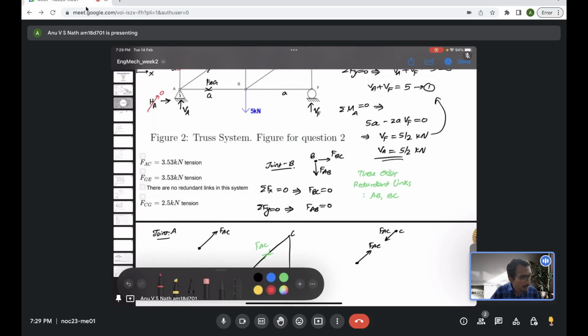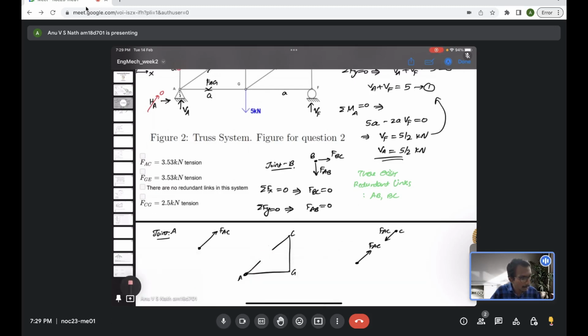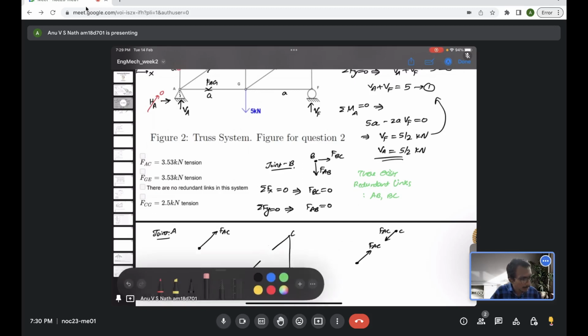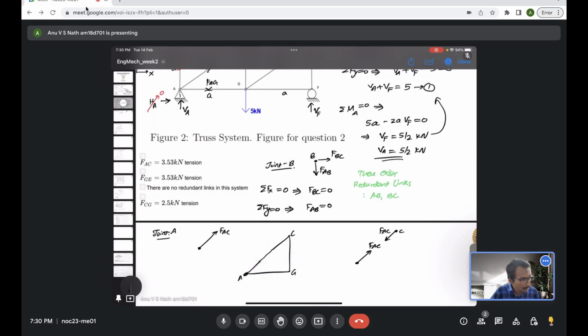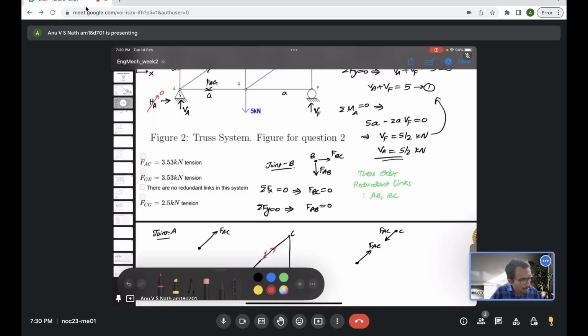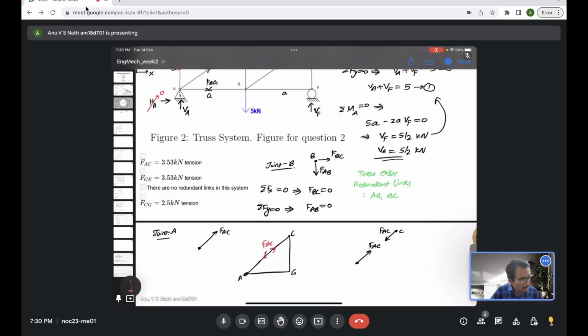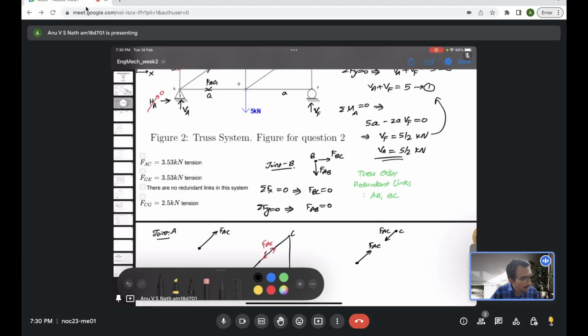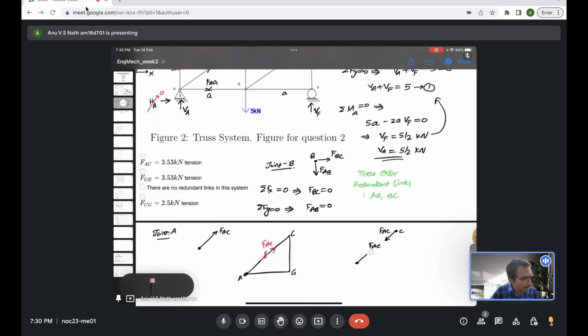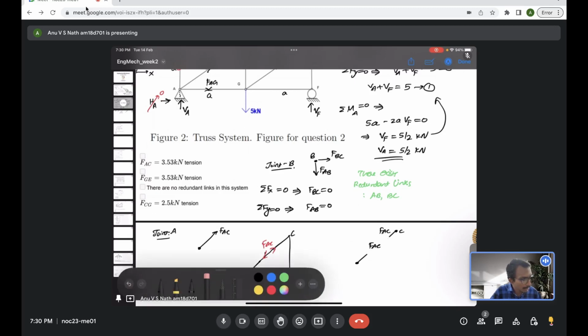But instead, if I have chosen FAC to be the other way, which is the compressive way, if this was FAC, then I should follow the same thing here in the free body diagram, with the directions like this.